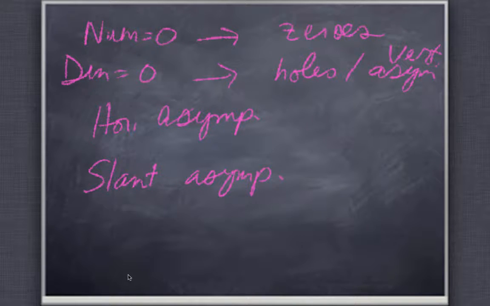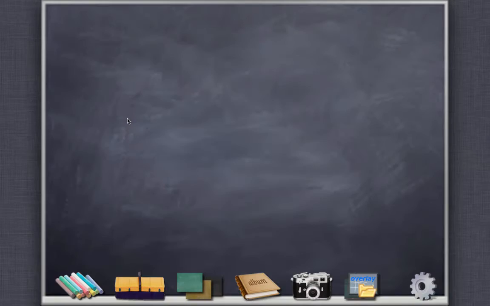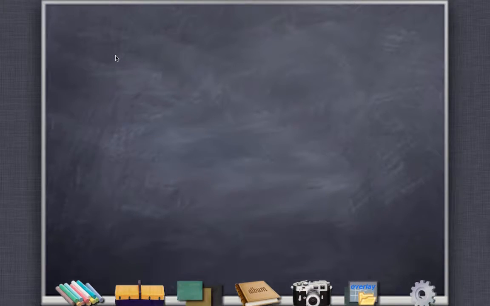So what you want to know is, how do the numerator and denominator compare to each other? I'm going to choose two examples that have different types of horizontal asymptotes, and then I'm going to make one that has a slant asymptote.